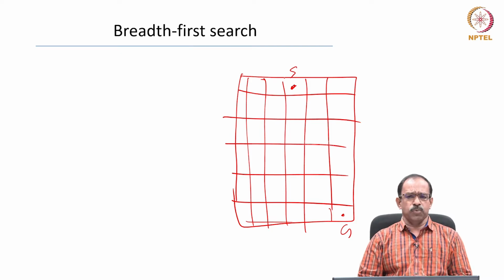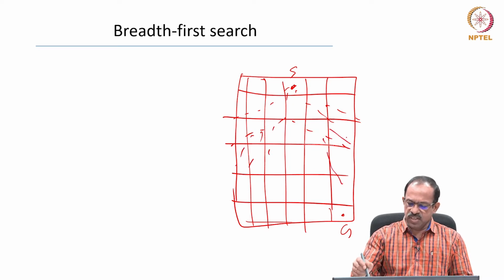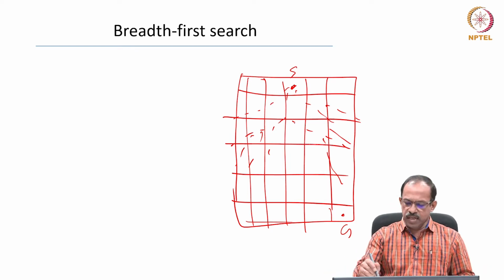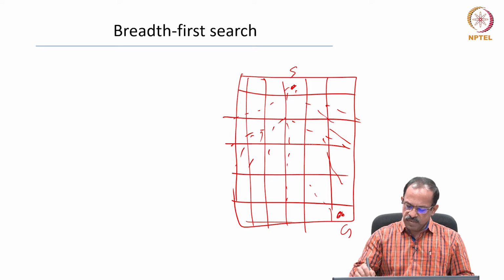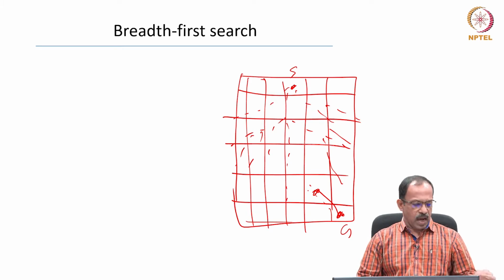The breadth first approach says that you search along the breadth direction, finish all those possible options, and then go to the next one. You search along the breadth first and slowly move on, and see which path finally reaches the goal. That is known as the breadth first approach.